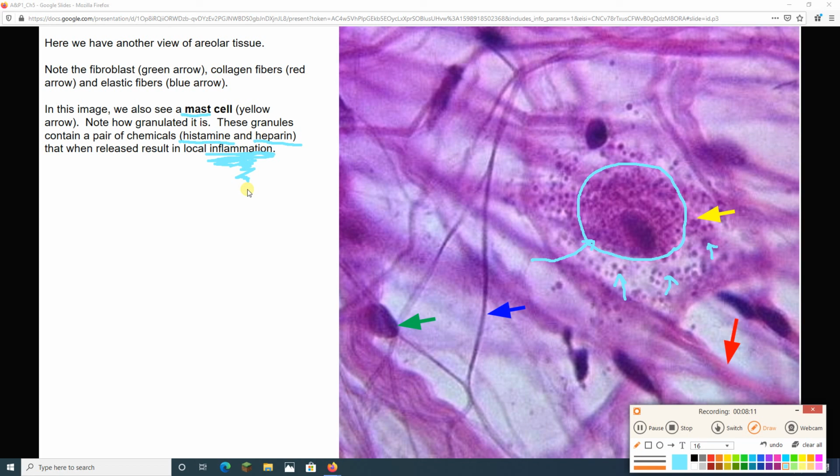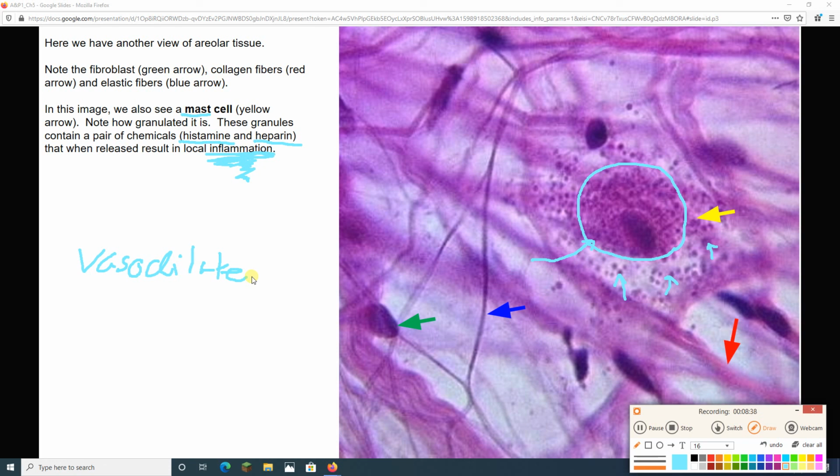These two H chemicals, histamine and heparin, are going to make blood vessels bigger. The word for that is vasodilate. And so these two chemicals are released in response to tissue damage by a mast cell, and we find that mast cell in areolar connective tissue.